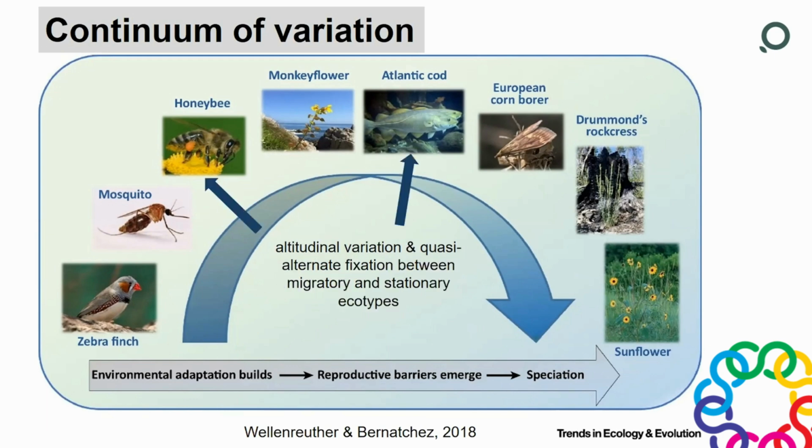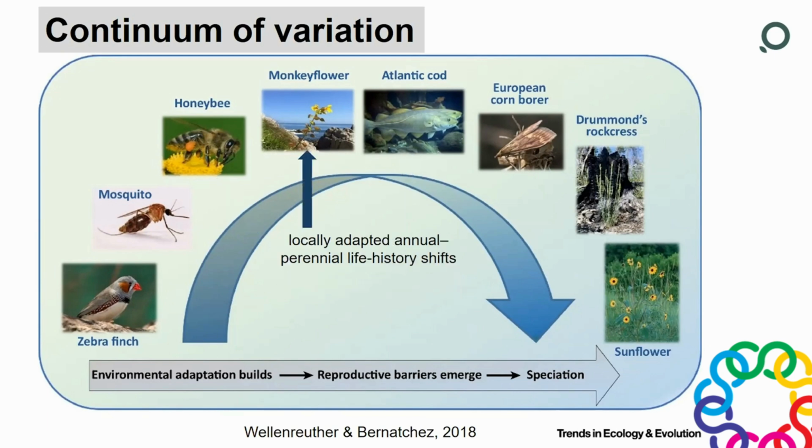We can look at honeybees and the Atlantic cod. Now here inversions are implicated to cause altitudinal variation and cause the alternate fixation between these different ecotypes. Looking at monkey flowers, here we're looking at locally adapted life history shifts that are caused by inversions. Looking at the European corn borer, now we're going more towards gene flow more and more coming to a stop.